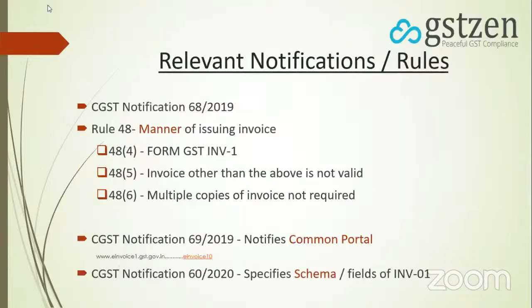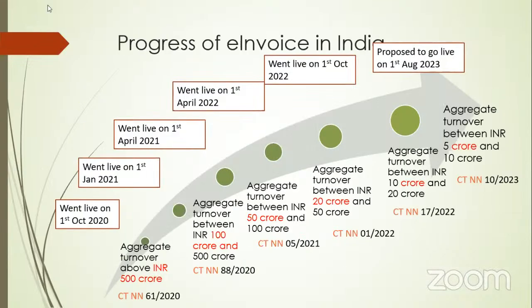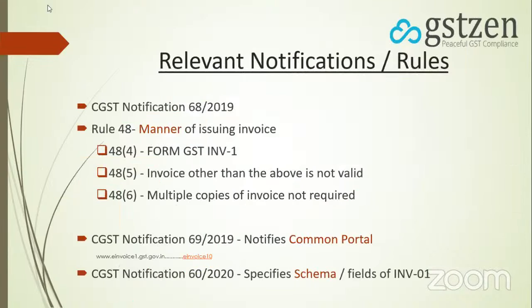Now, speaking of this, turnover is in regards to your PAN. So if you have 3 or 4 GST numbers for your PAN, the turnover is calculated for all the GST numbers together.